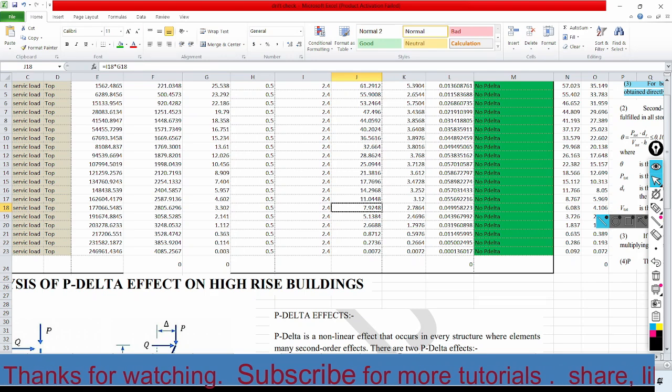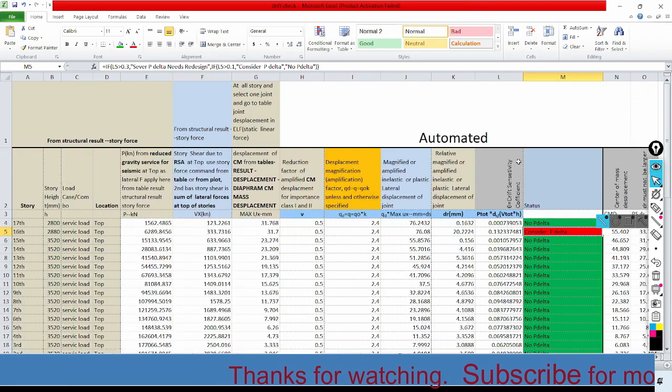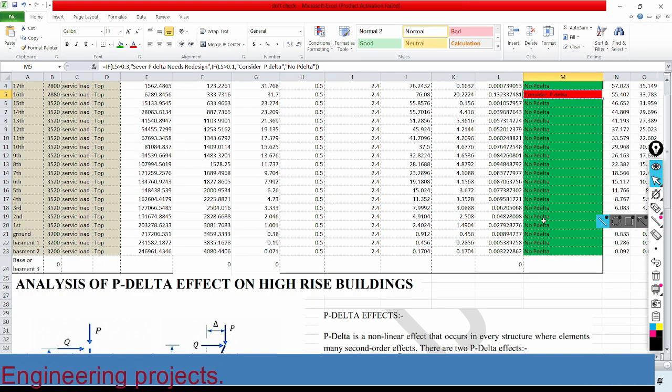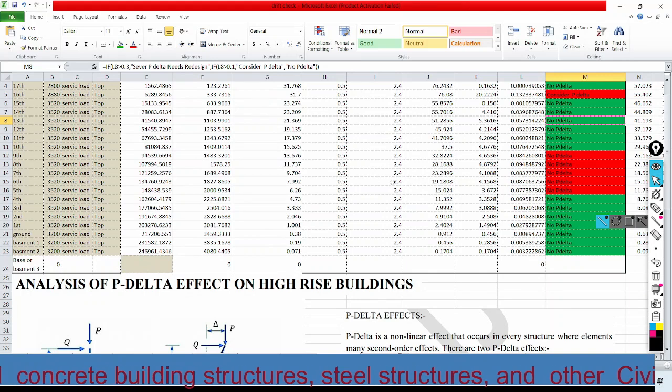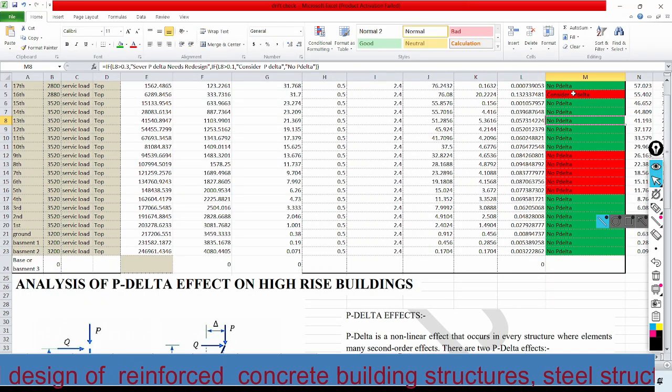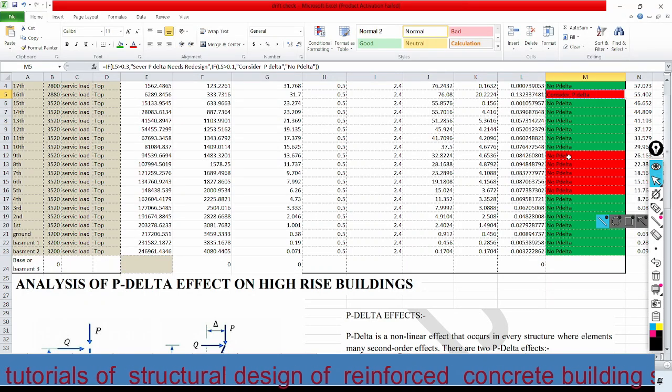But when we come to negative x direction, there is a P delta effect here at this, that means at 16th story. All the rest stories are okay for P delta. And when we come to positive x direction also, there is one P delta effect here at this point.